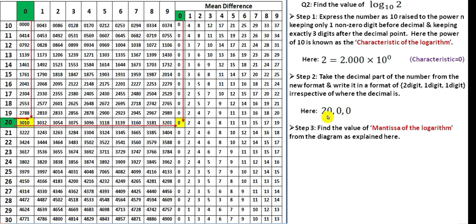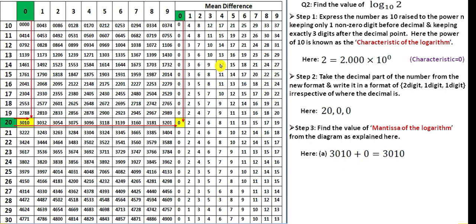Okay, first 20 in the first column, means here it is 20, and this 0, this second digit here, in this first row. And you have to find the corresponding number with this 0, with this 0 and with this 20, which is here 3010. So first write this value of 3010, plus what you have to do?